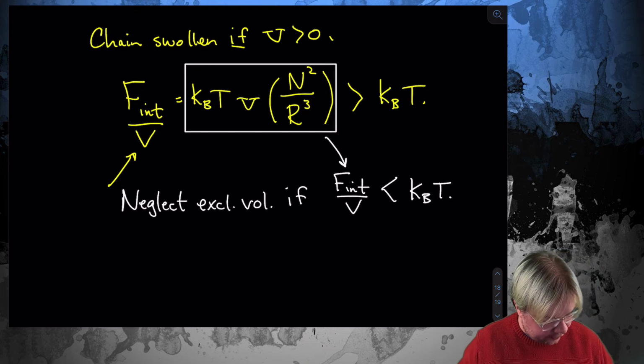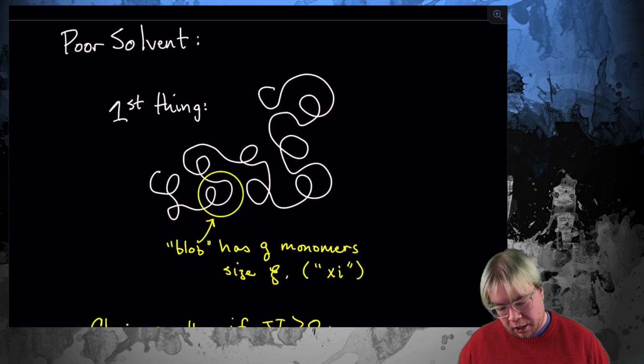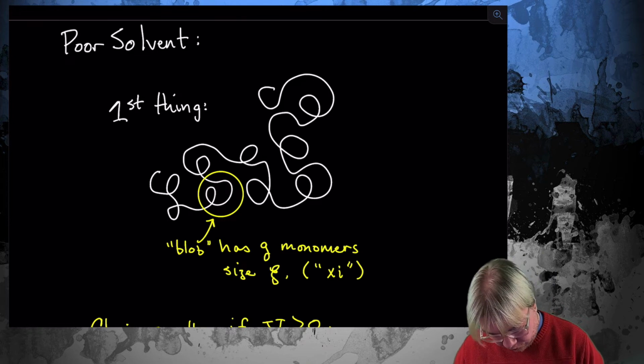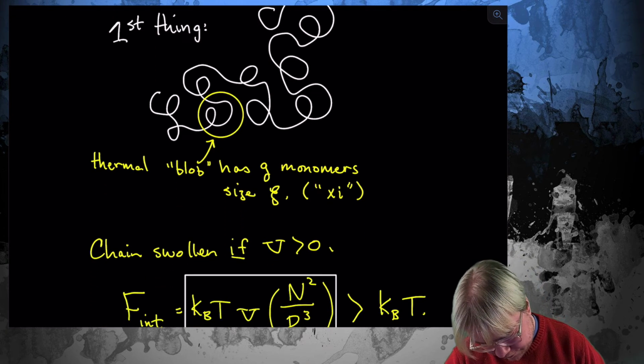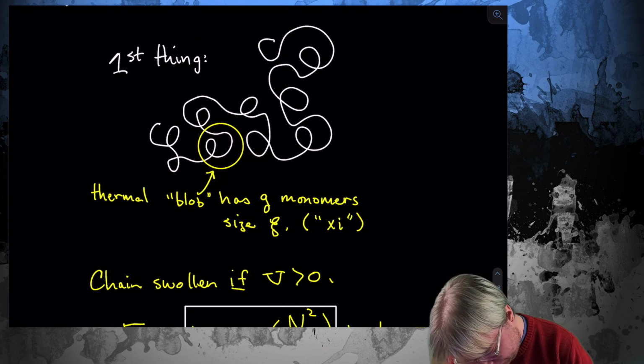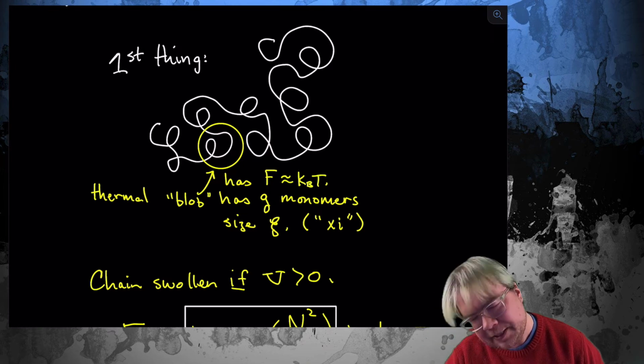All right, that's fine. So what does that have to do with blobs? Well, I can go back to the blob and I can construct a thermal blob. So this isn't just a blob, this is a thermal blob. And so this thermal blob also has a free energy on the order of kBT.